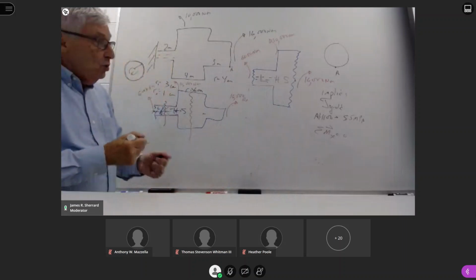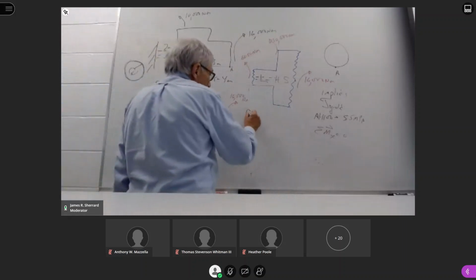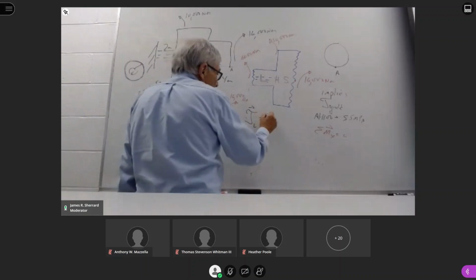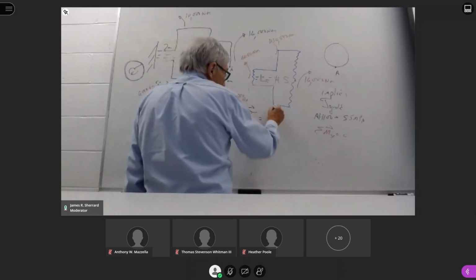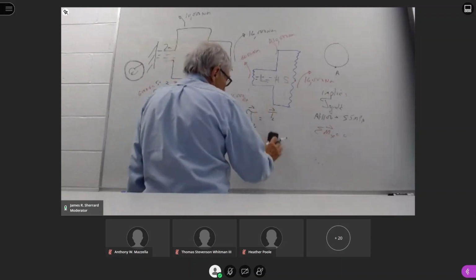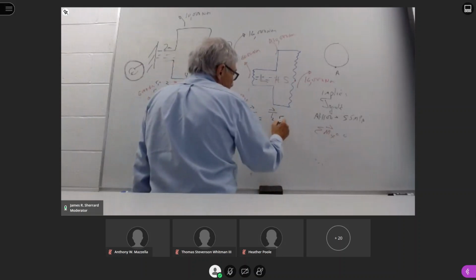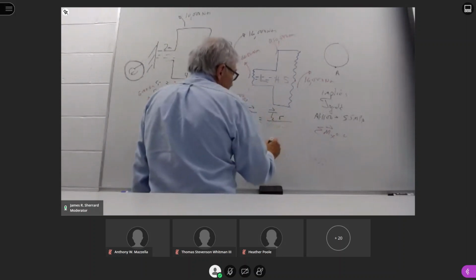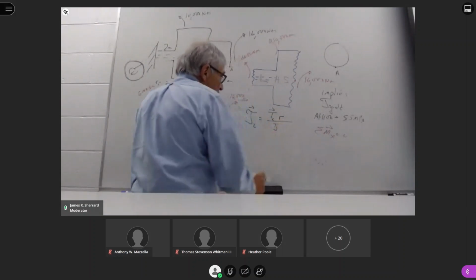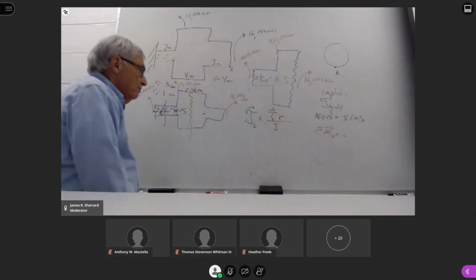We can then go back and do our calculation. We know the shear stress in region 2 is going to be the torque that exists in region 2 times R divided by J, which is the polar moment of inertia.